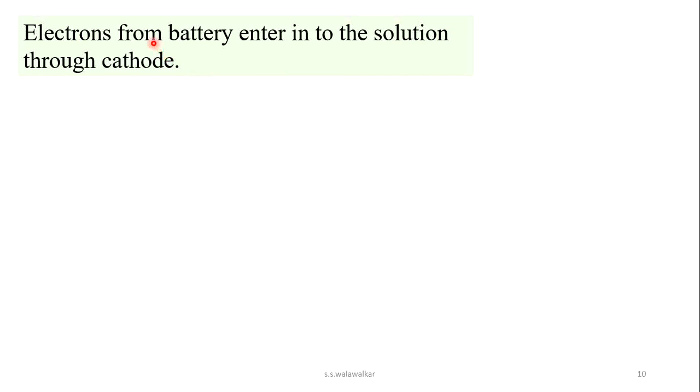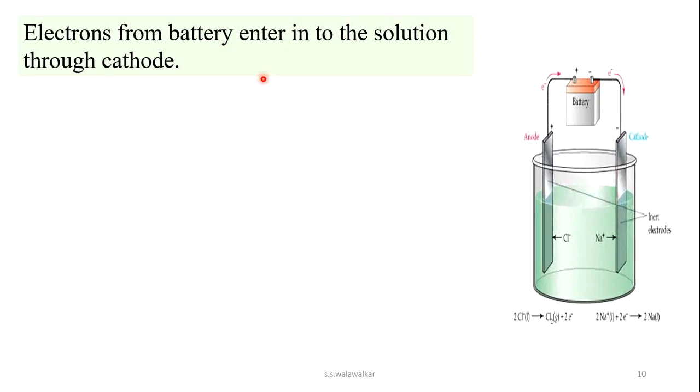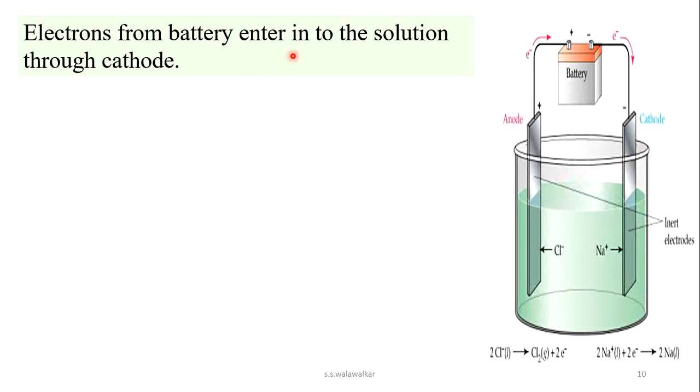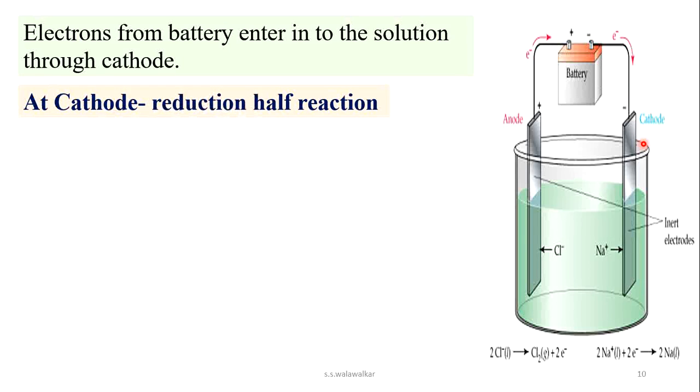So electrons from the battery enter into the solution through the cathode like this. These electrons flow from anode to cathode, and these electrons are then captured by sodium ions.